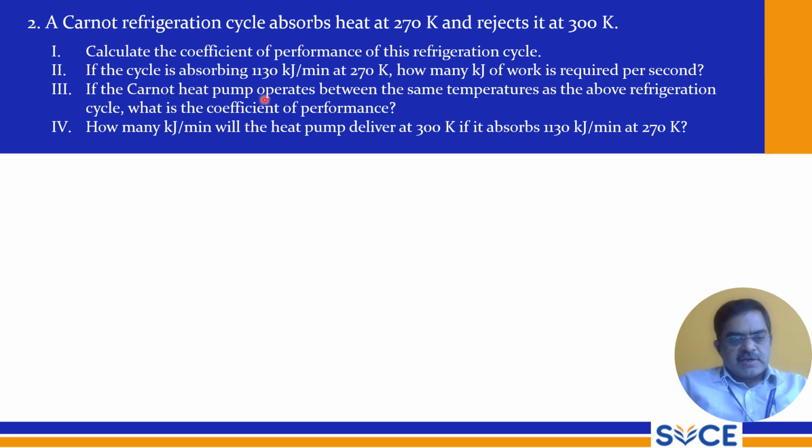If the Carnot heat pump operates between the same temperatures as the above refrigeration cycle, what is the coefficient of performance? And how many kilojoules per minute will the heat pump deliver at 300 Kelvin if it absorbs 1130 kilojoules per minute at 270 K? So these are the four questions we have to solve here, and first we will list down the given data.